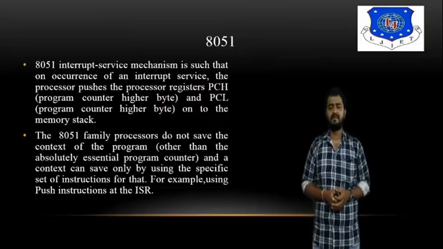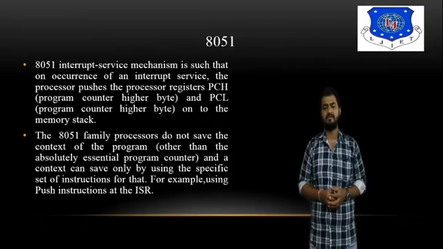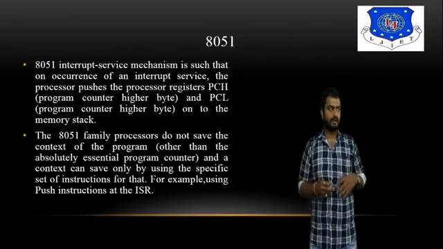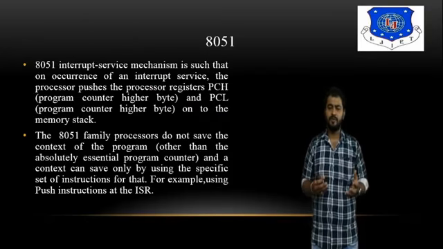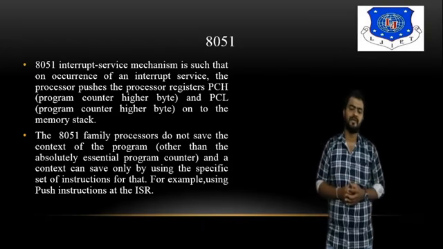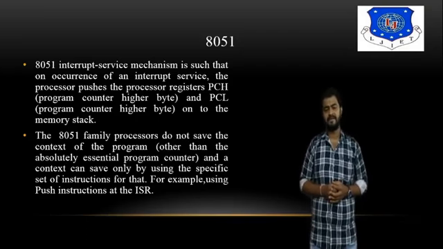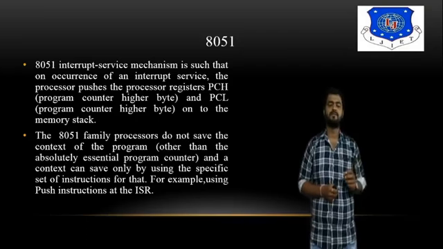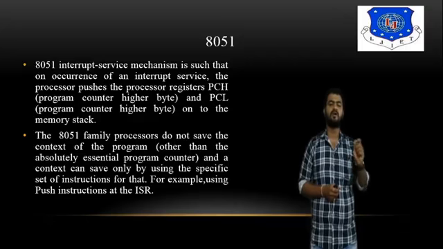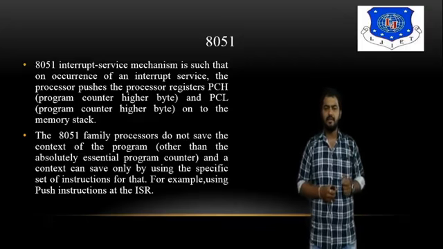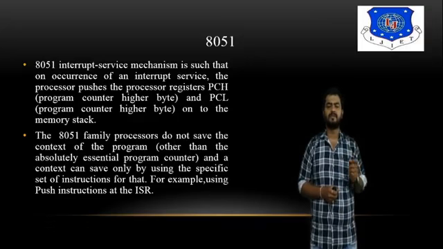First of all, we are very familiar with the word 8051, right? Because a few years ago we already heard this name. 8051 is the first microcontroller, which was very popular in those days. The 8051 interrupt service mechanism is such that on occurrence of an interrupt service, the processor puts the registers PCH, the program counter higher byte, and PCL, the program counter lower byte, onto the memory stack.